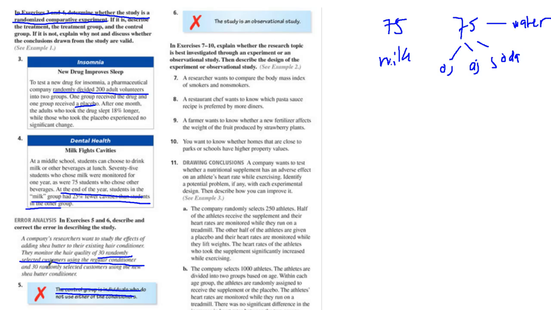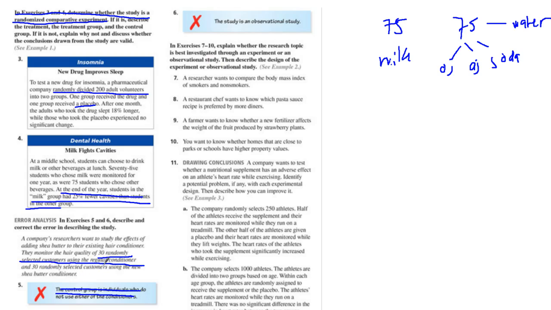So is the study an observational study? They monitor the hair quality of 30 randomly selected customers. It is not an observational study for one reason: the customers knew that they were going to be using the conditioners. That's the only reason why it's not an observational study. If they didn't know, it would have been an observational study.